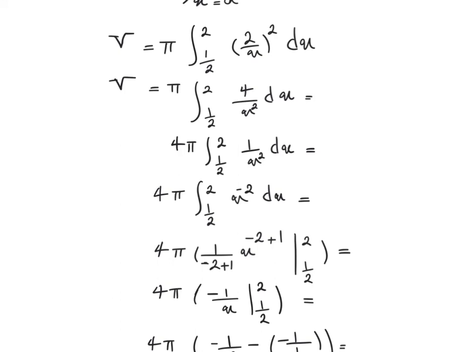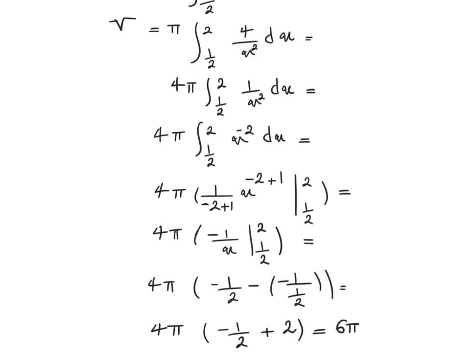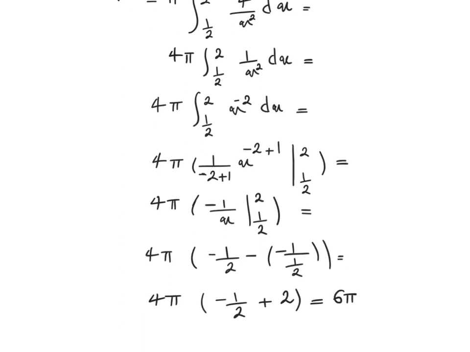From here, 4 goes out of the integral, and 1 divided by x squared became x to the power minus 2. You know what rule is going to apply here: the power rule. So you will end up with 4 pi times minus 1 divided by x. Then you need to insert the upper limit 2 into the equation and subtract the lower limit, and eventually you end up with a positive number. You should never forget that your area and volume after integration are always positive, and we end up with 6 pi. I want to go for another example.